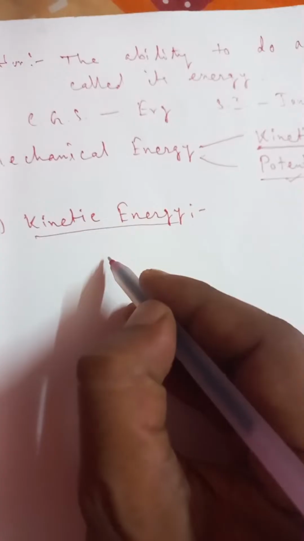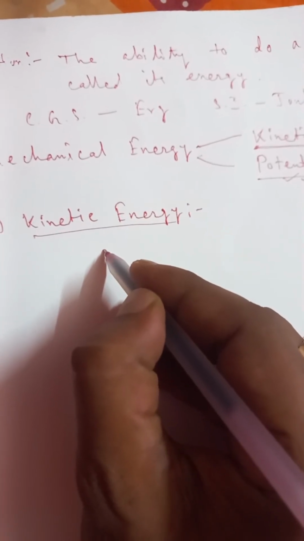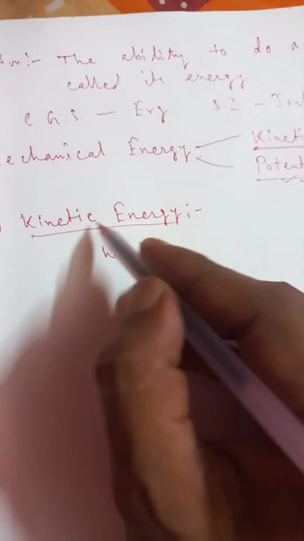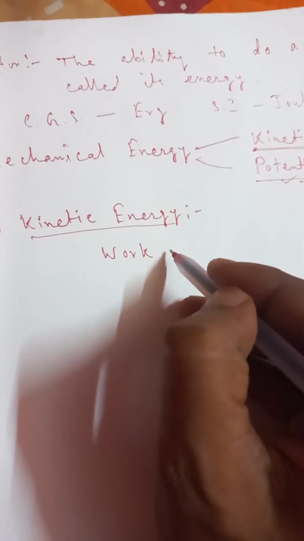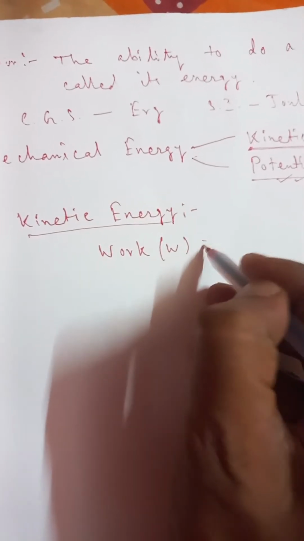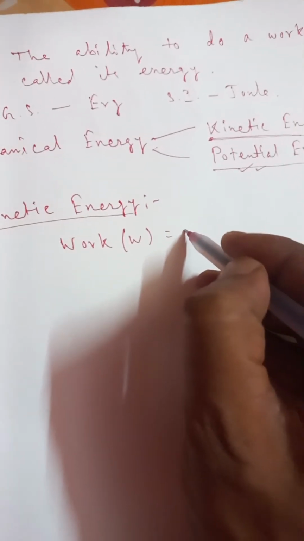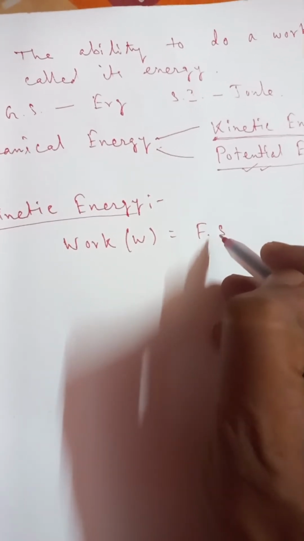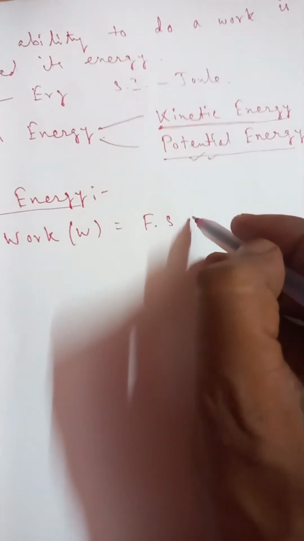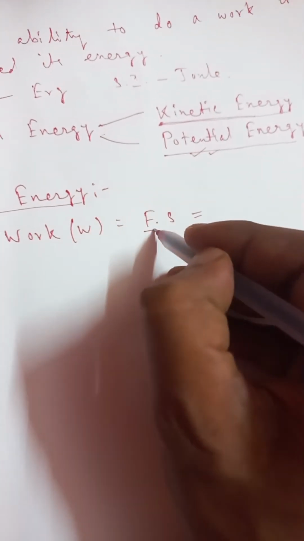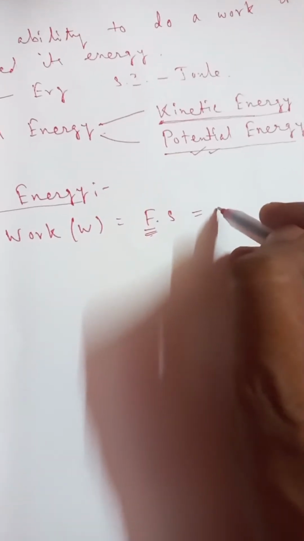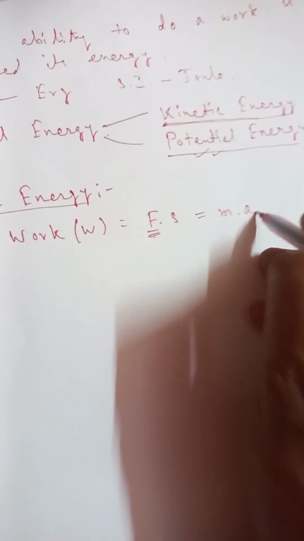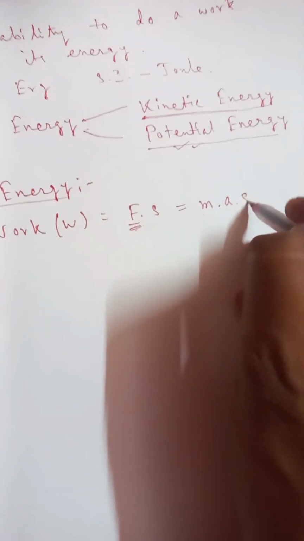The work done is force multiplied by displacement, so W = F multiply s, which by Newton's second law is m multiply a multiply s.